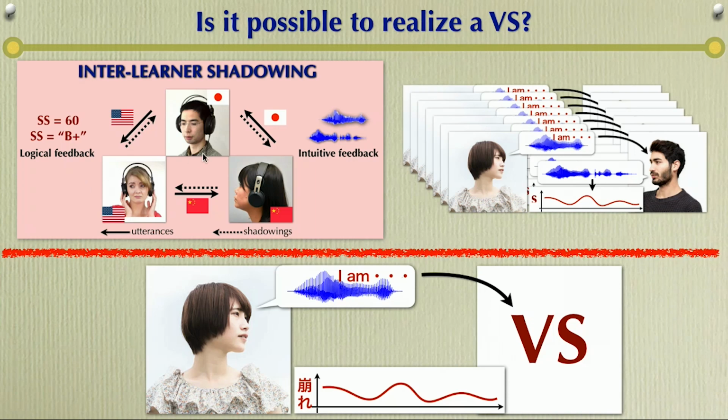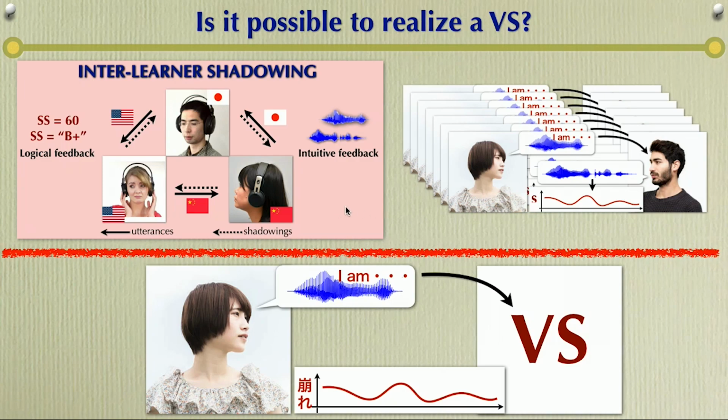So we may be able to collect lots of data, especially from students in the international universities of foreign studies, right? And then finally, we may be able to build a virtual shadower based on this annotated data. So this can be a framework of never-ending collection of data and annotation.